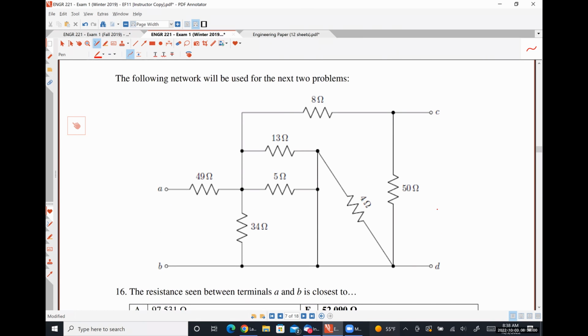All right, so between C and D, let's identify some nodes here. So obviously this guy is going to be A. Let's call this guy E for the sake of argument.